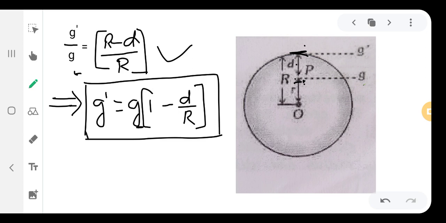This is the variation of the acceleration due to gravity inside the earth at the depth d.